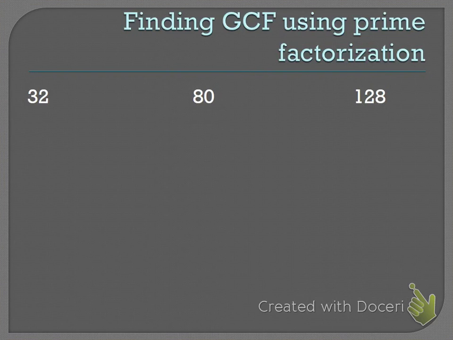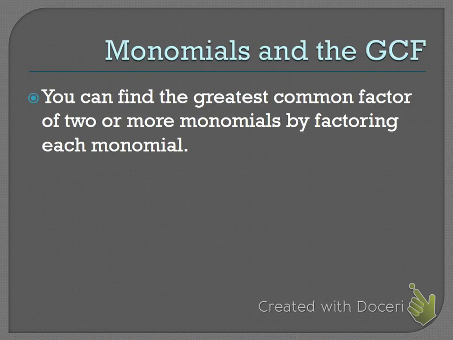Okay, in example 3 now, I'm dealing with monomials. I know that I can factor a monomial. Let's take 10x squared y to the third for a minute. I know that I can factor down this monomial into all of its prime factors, okay? Well, the prime factorization for 10 would be 2 times 5.